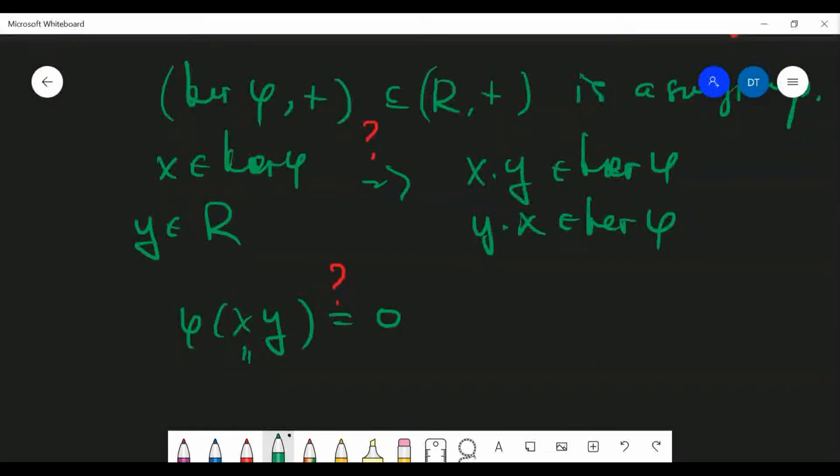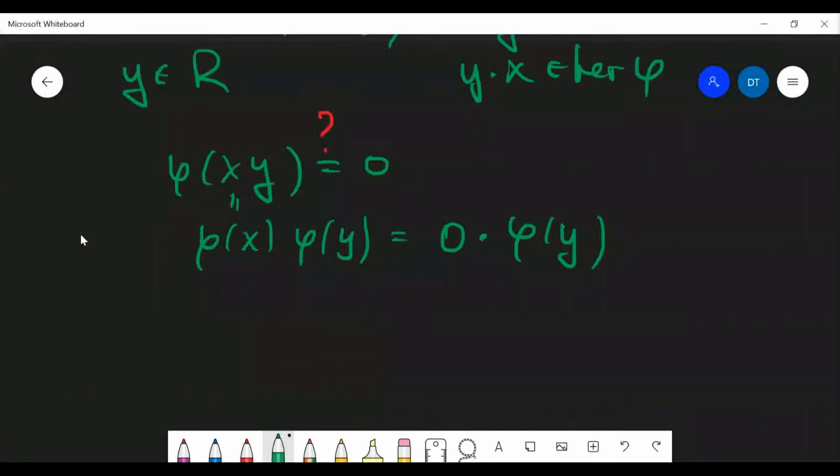By definition, since φ is a homomorphism, it preserves multiplication. But φ(x) is equal to 0, so we have 0 times φ(y). Now we need to show that if we multiply 0 by anything, we will get 0. Let's do this. Let's take s times 0.